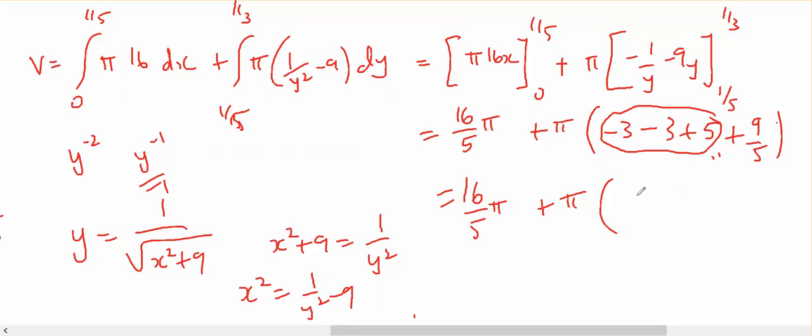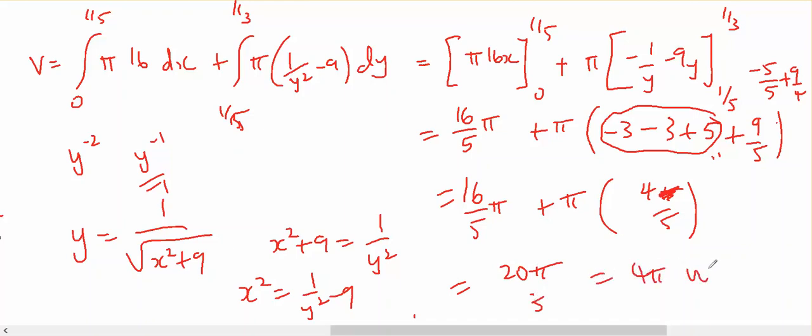So that's plus 4 pi on 5. So 4 on 5. It's minus 1, which is minus 5 on 5 plus 9 on 5, it's 4 on 5. That gives me 20 pi on 5, which is equal to 4 pi units cubed.